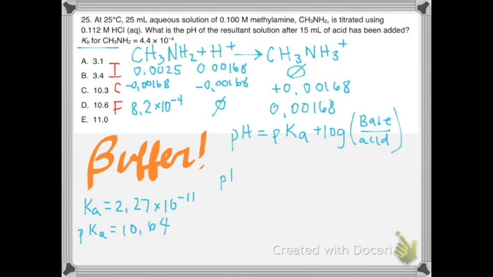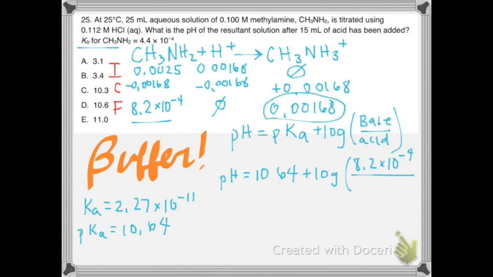So pH will be equal to 10.64 plus the log of the base, which is the original compound, divided by the moles of the protonated methylamine. We evaluate that and we get 10.33, which I would call C.